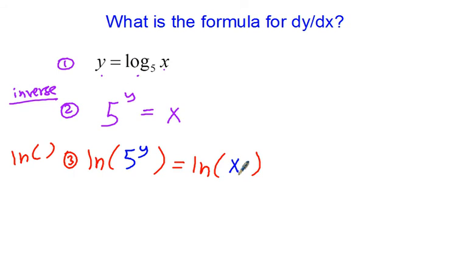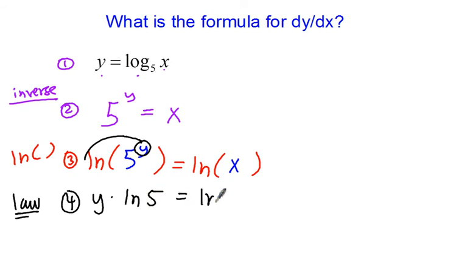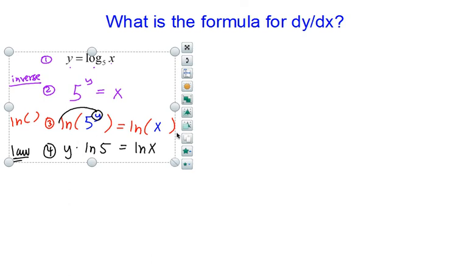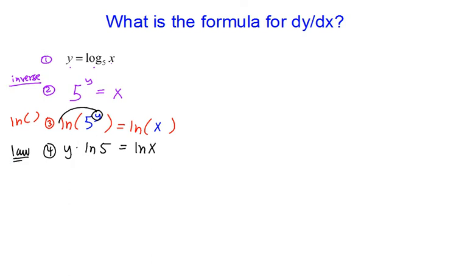And now we can use the law of logarithms. Using the law right here, I can bring this power down and get a multiplier. y times log 5 equals the log of x. I'll again shrink this down so I can continue my work. And now we're going to hit both sides with a derivative.